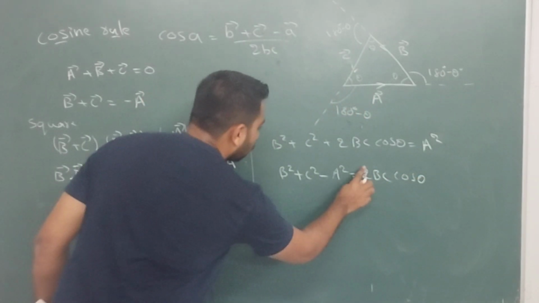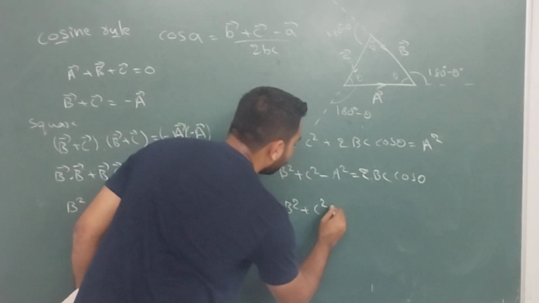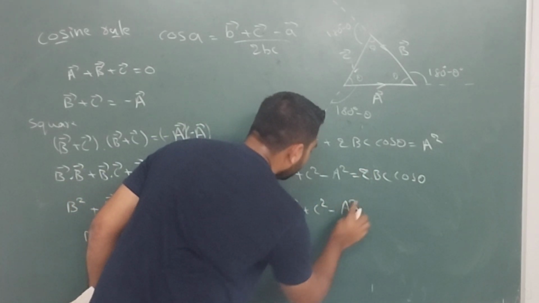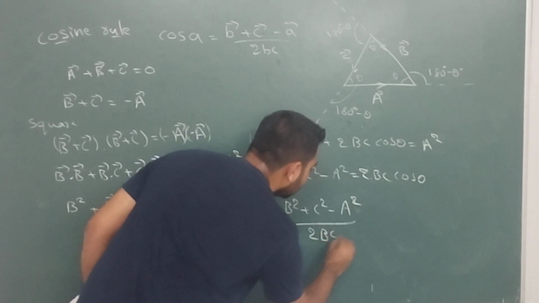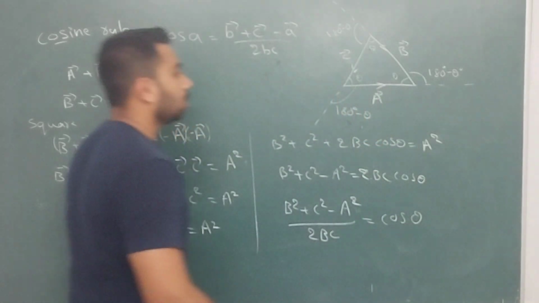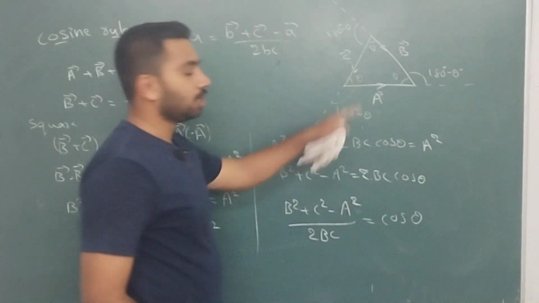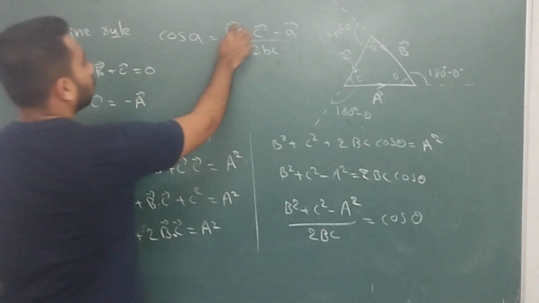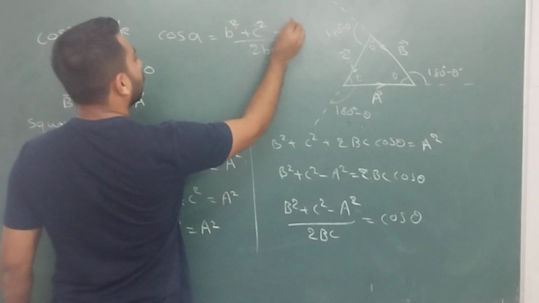If I send this downside, b square plus c square minus a square divided by 2bc is equal to cos theta, or cos of A.